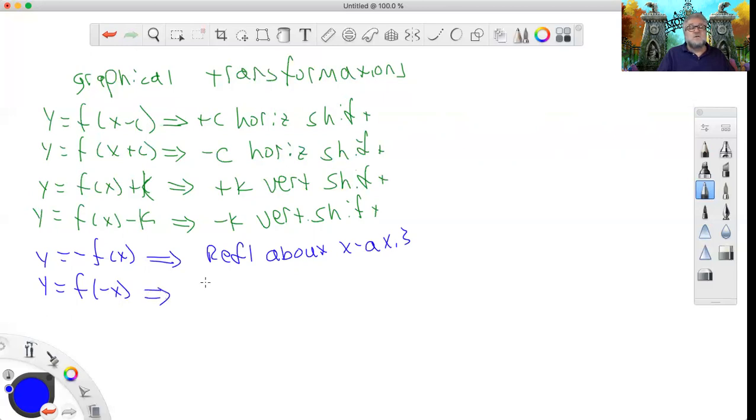That's a reflection about the y-axis. So it's flipped horizontally. Okay.